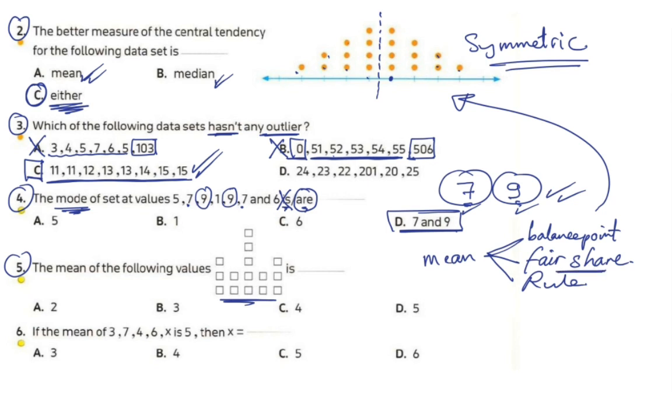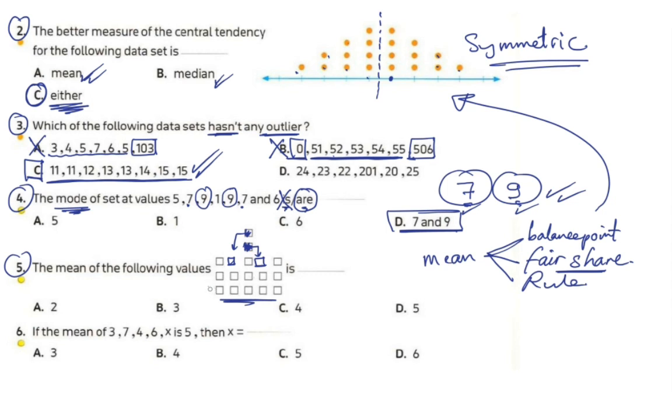I will distribute it as an equal number. So we have here 3 squares, 2 squares, 5 squares, 2 squares, and 3 squares. Now I will distribute these squares. I will move this square from here and put it here.